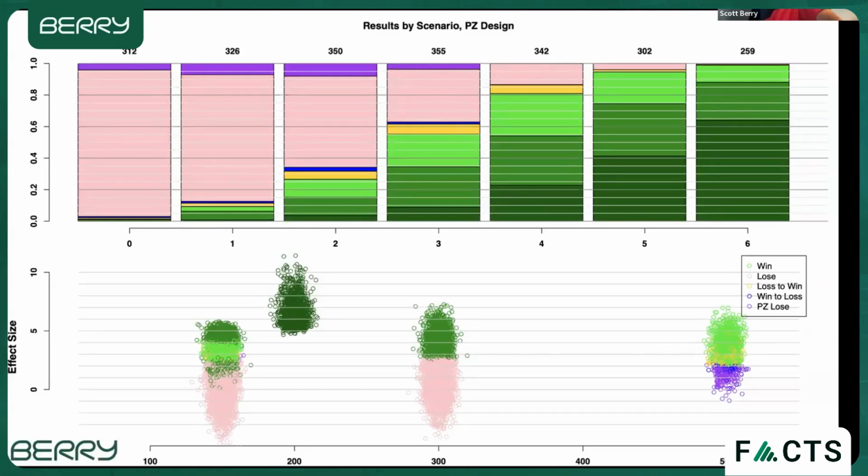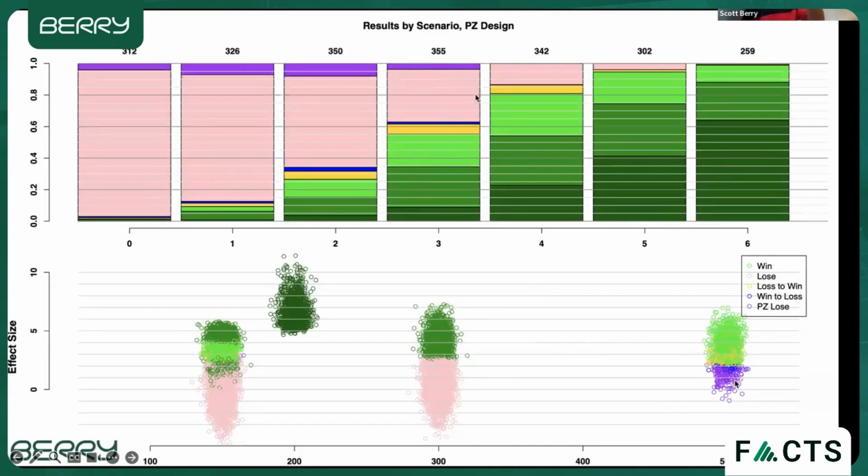A blue one here is a win on the 300, moves to a loss. So some of these you would have won at 300, but because you went to 500, you ended up losing. And that happens with some probability. That's purple. That's kind of bad in that scenario. And the purple here is the promising zone. You hit the promising zone and you end up losing the trial in that.